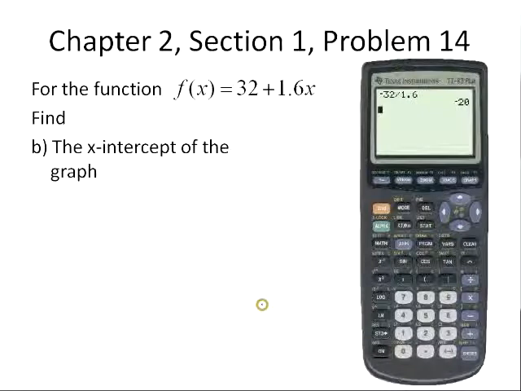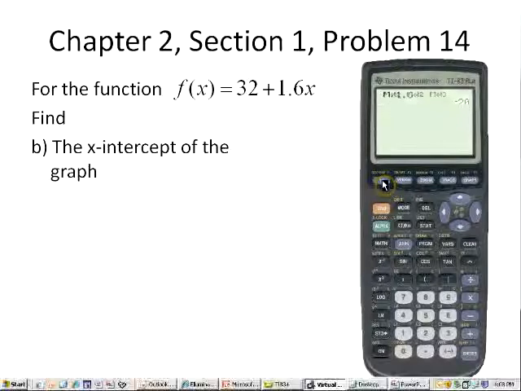For the next part of this problem, we want to find the x-intercept of the graph. Going back to the calculator, let's hit the y equals menu and look at a graph of this particular function. We will put in the function: 32 plus 1.6x.